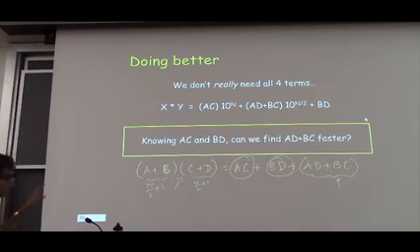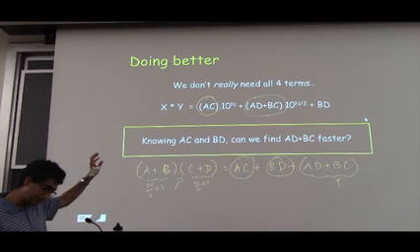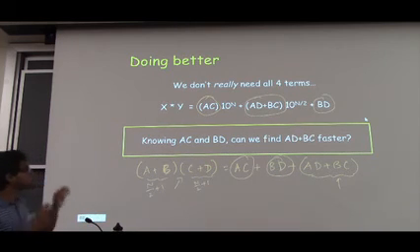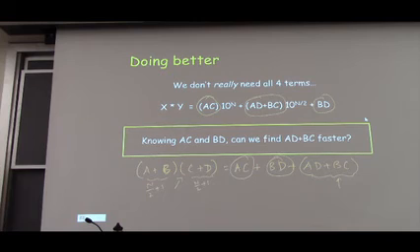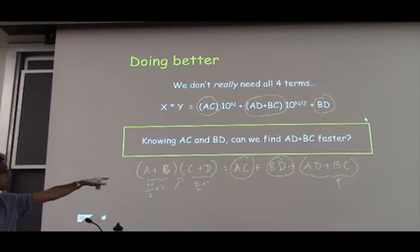Basically the main observation is you've got to get this, this, and this. So these are 3 terms that you want to get, and the point is, do you really need 4 multiplications to get these 3 terms? The answer is you don't. You can do it with 3 multiplications: you do the first and the last, and then you do this trick.